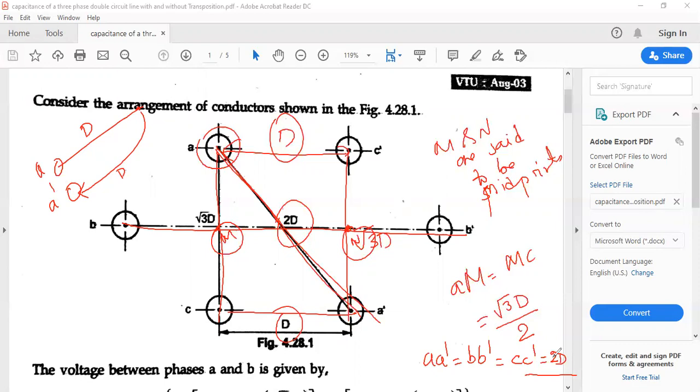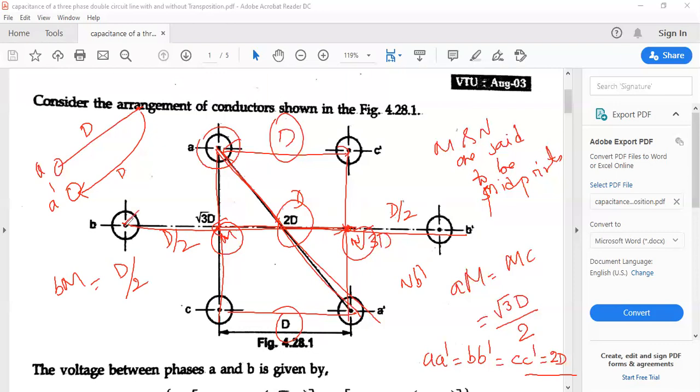Once you have these distances, you have the next set of distances, this one which is D. So the M and N distance is D, and BM equals NB dash equals D by 2. So now you have D by 2 and D by 2 as the distances BM and NB dash.